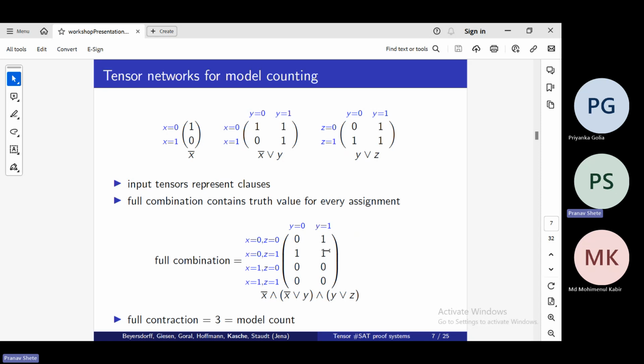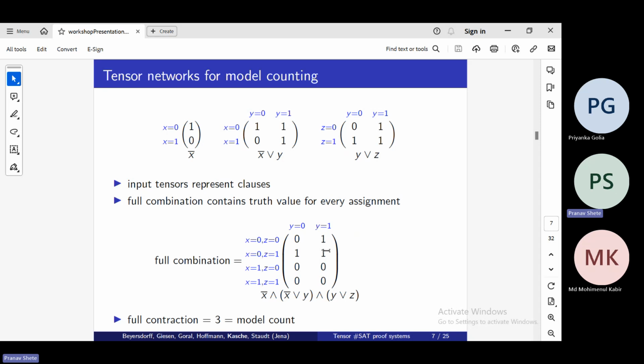So then we have these other clauses that each have a 1, 0 entry, and the rest are 1s. And so these input tensors represent our clauses. And the full combination of these tensors is the truth table for the CNF.